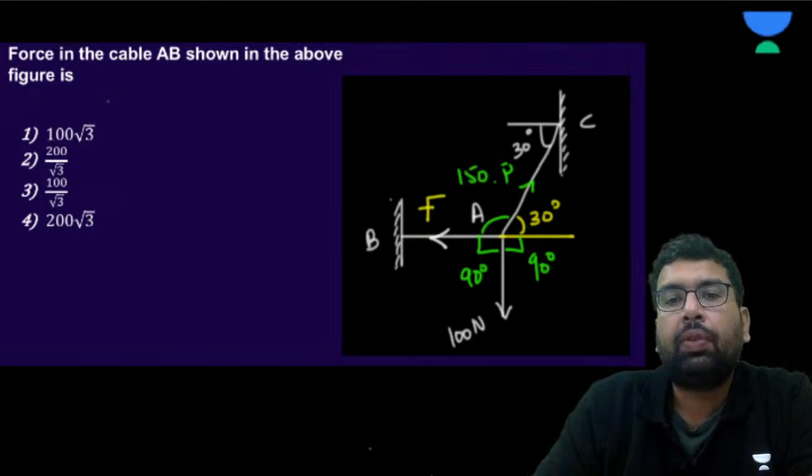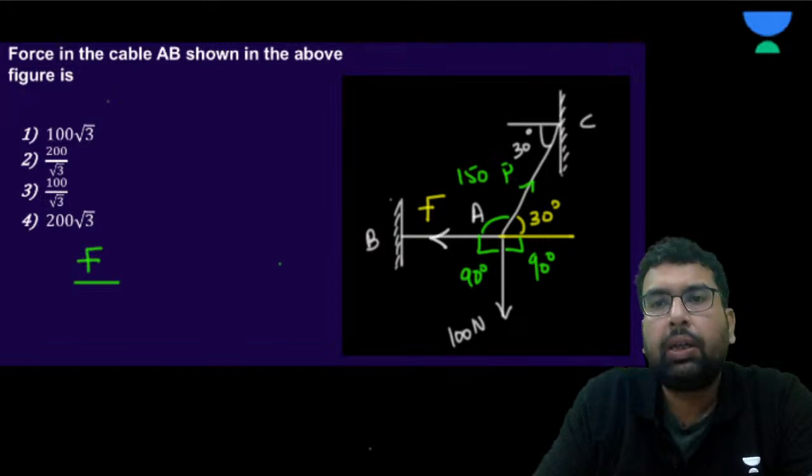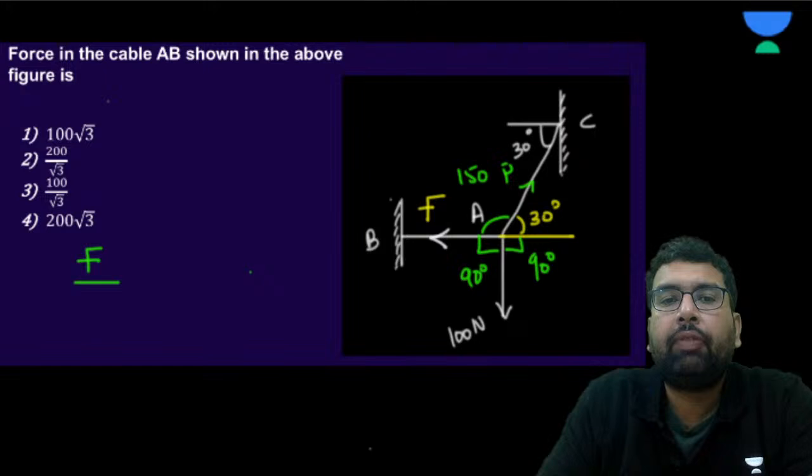We need to find this F. So can we use the Lami equation? Or you can do it by vectors also, but Lami will help you solve the question relatively easily.